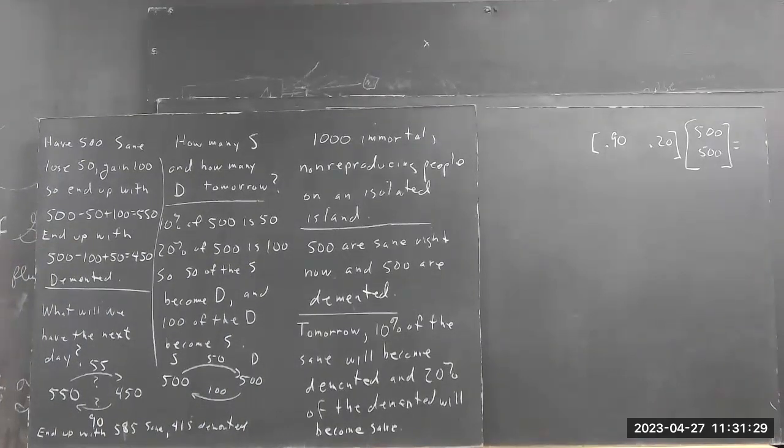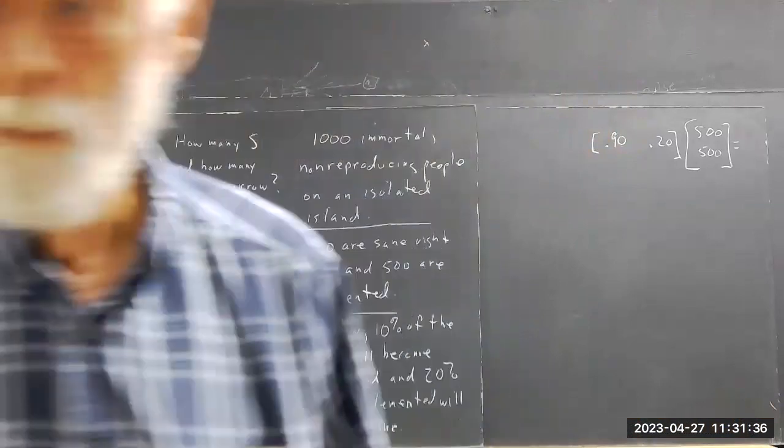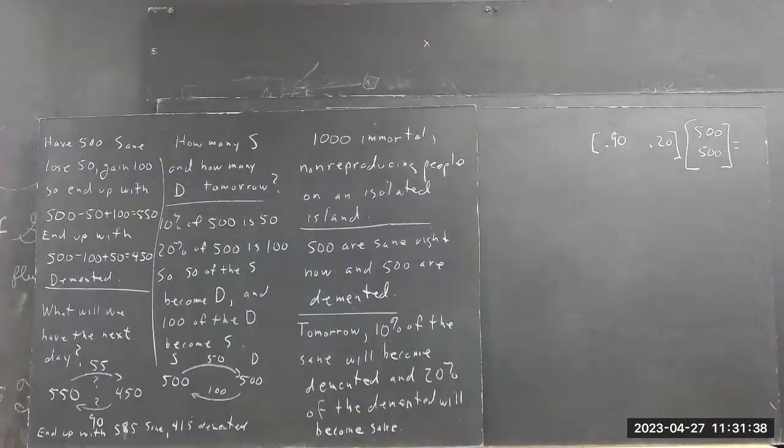If you have trouble with the numbers, just write out the details of the calculation. Like this number times this number plus that number times that number. Okay.